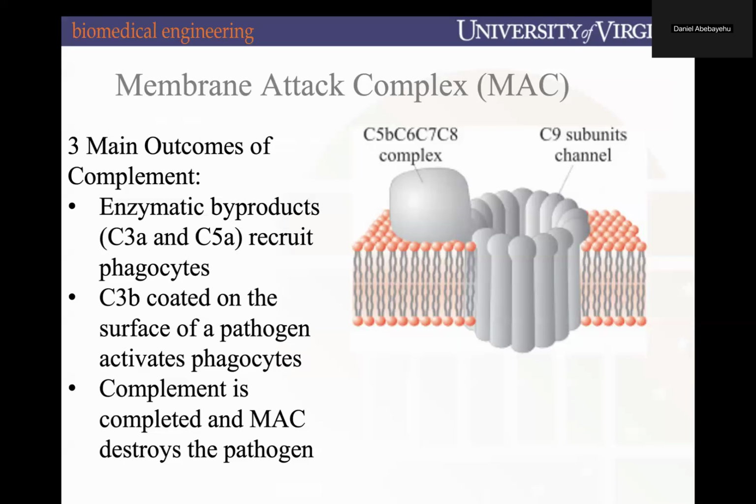And after that, we have C9 that creates almost like drilling a well in the surface of this pathogen, happening all over the surface, so that it will now destroy and eliminate this pathogen. So the completion of complement is the formation of the membrane attack complex, or MAC, where it's perforating the membrane of this pathogen and leading to its destruction.